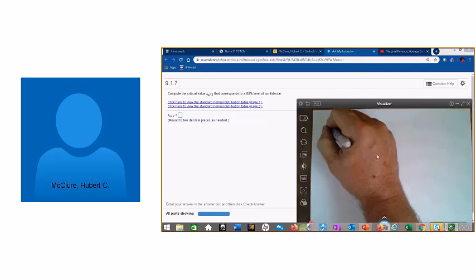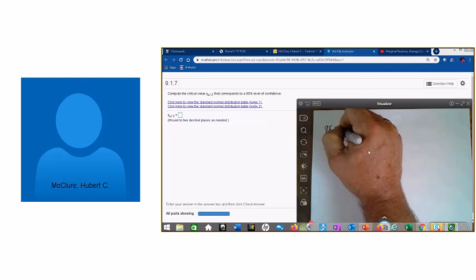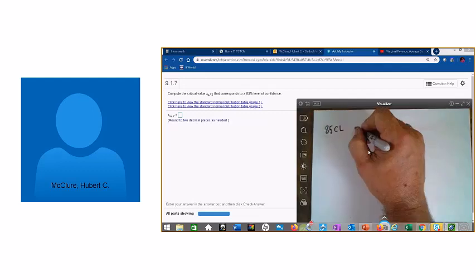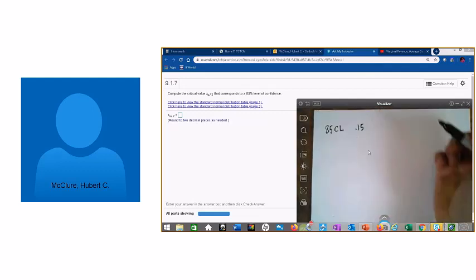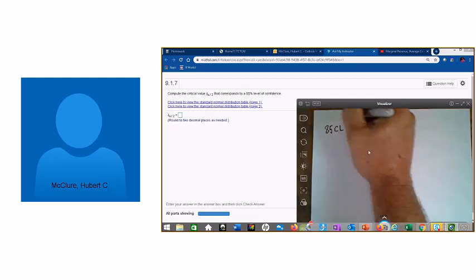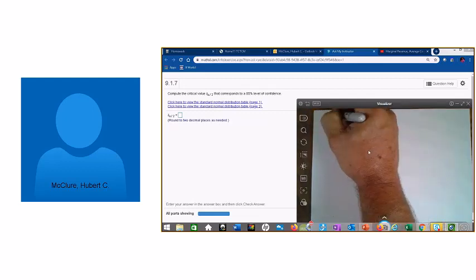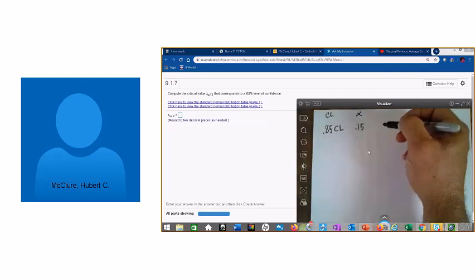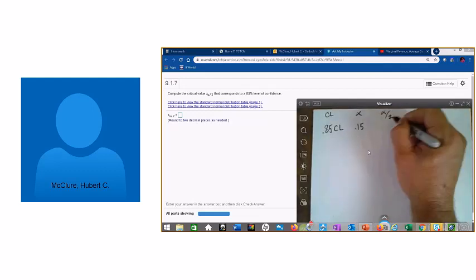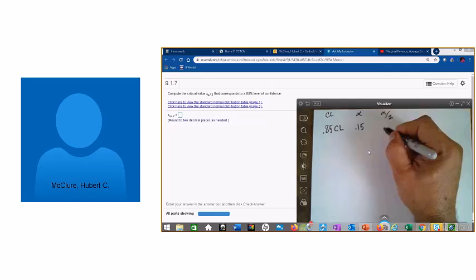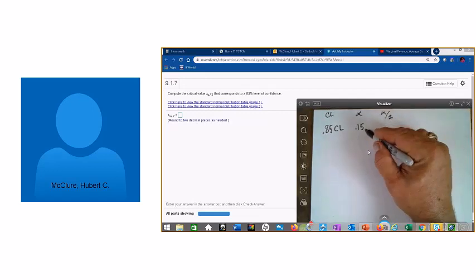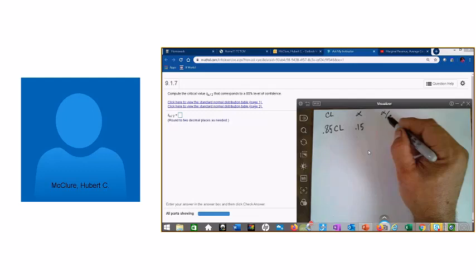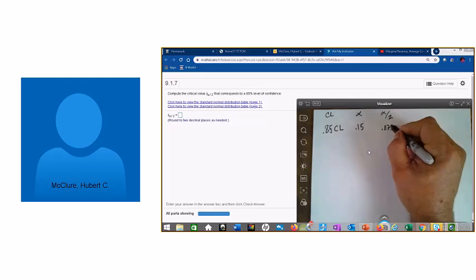So 85% confidence level means an alpha of 0.15. Alpha, and this is confidence level, so 0.85, so 0.15. So alpha over 2 is equal to half of 15 cents is 7.5 cents, so 0.0750.